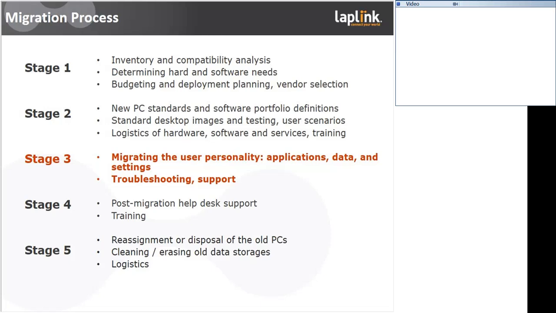Stage 4 is the post-migration help desk. Clearly, after a user gets a new PC, there are calls to the help desk, and those are very costly. I estimate that every call probably is $50 to $80, according to our customers.